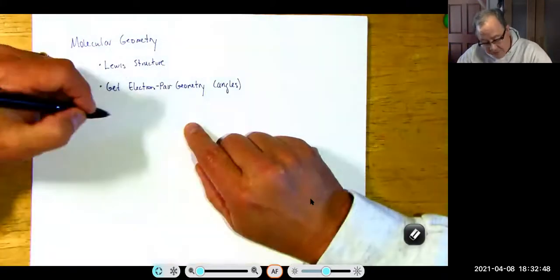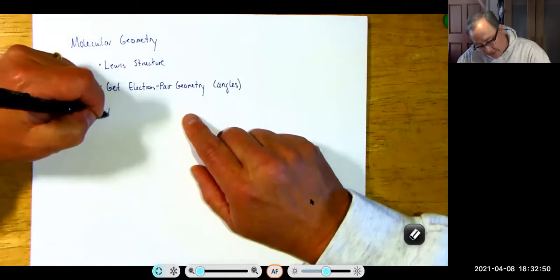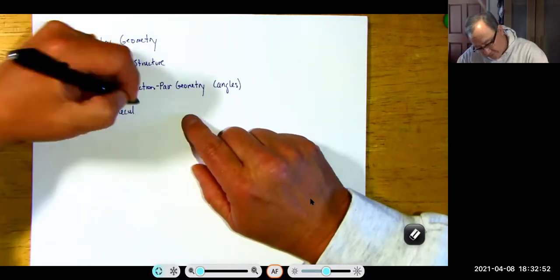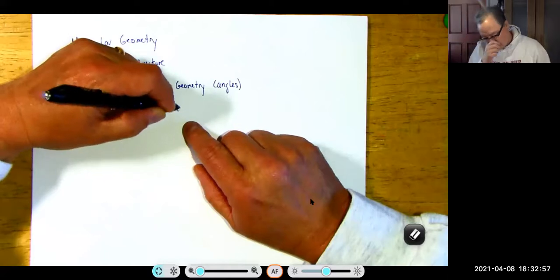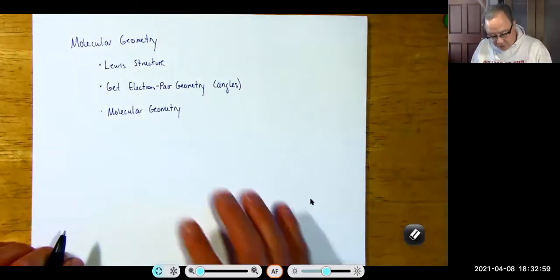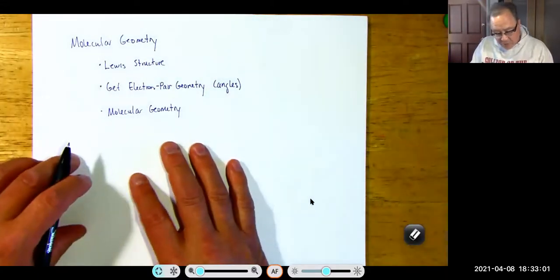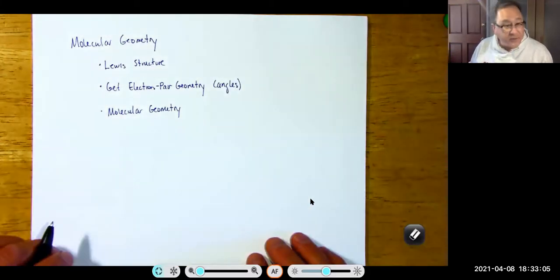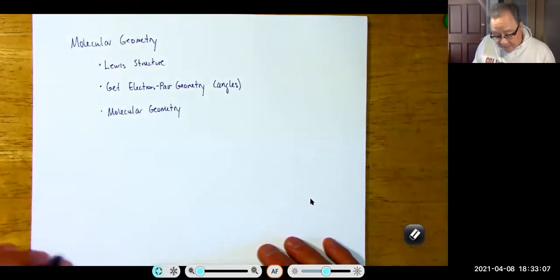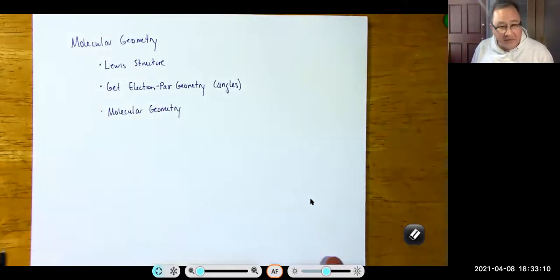And then after you get the electron pair geometry, you get the molecular geometry. I'm going to show you how to do this with 3 molecules, and show you that you get 3 different molecular geometries, but they each have the same electron pair geometry.